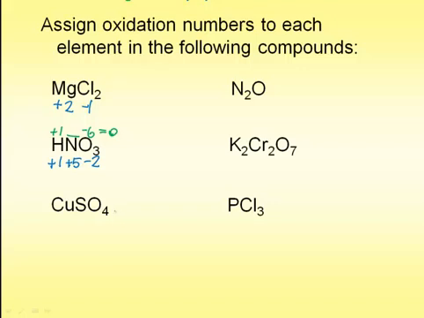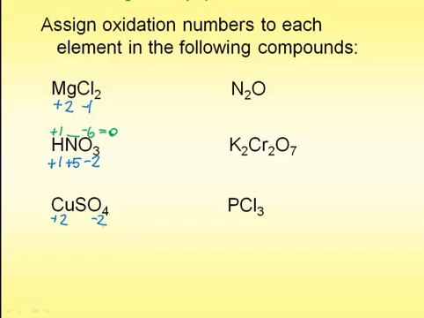In the compound CuSO4, copper is a monatomic ion, so if we figure out its charge, we know its oxidation number as well. In this compound, copper is a +2 ion. We can also give oxygen its -2 as always.